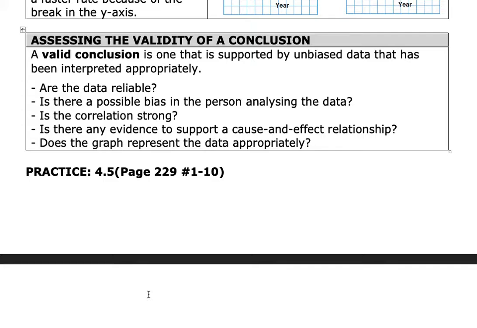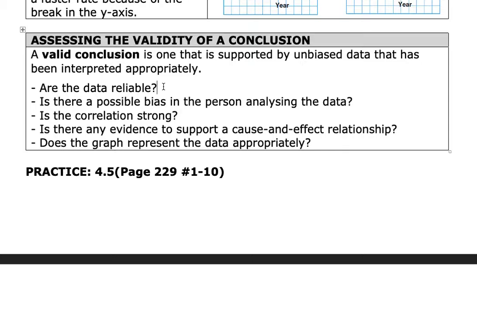Next, assessing the validity of a conclusion. A valid conclusion is one that is supported by unbiased data that has been interpreted appropriately. So, good research exists, but I want you to be critical of the components that we've discussed when analyzing statistical research. Are the data reliable?